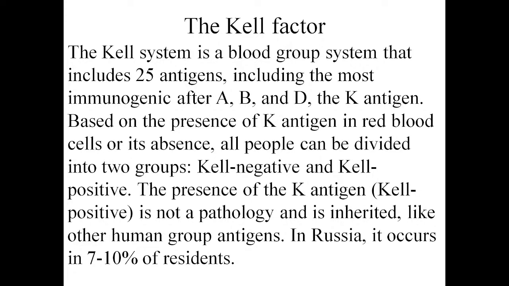Based on the presence of K antigen in red blood cells or its absence, all people can be divided into two groups, Kell negative and Kell positive. The presence of the K antigen is not a pathology and is inherited, like other human blood group antigens. In Russia, it occurs in 7–10% of residents.